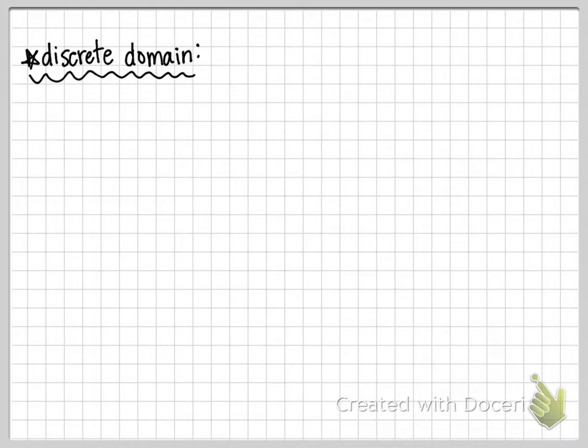We talked about domain and range. So discrete or continuous domain. Remember a discrete domain, what does the function look like if it is discrete? You can look back in your notes.